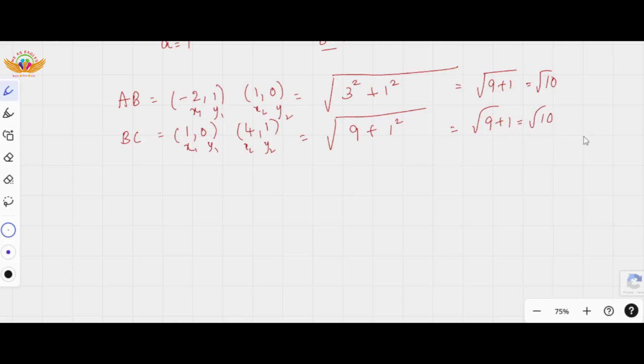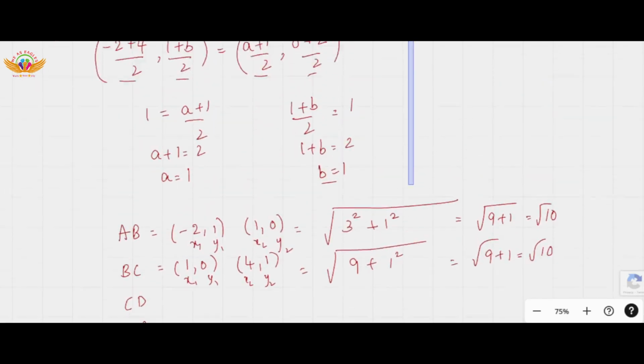And I want to tell you, to save the time, no need to do CD and DA. Why? Because we know that the opposite sides will be equal, right? So what is the opposite side for AB? Let me show you the figure so that you will understand clearly.